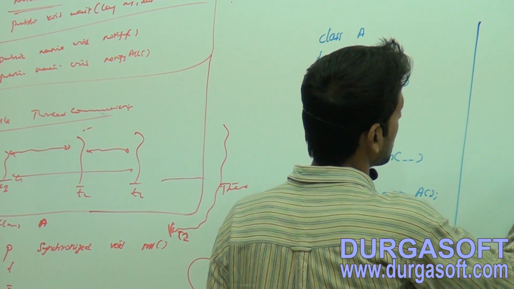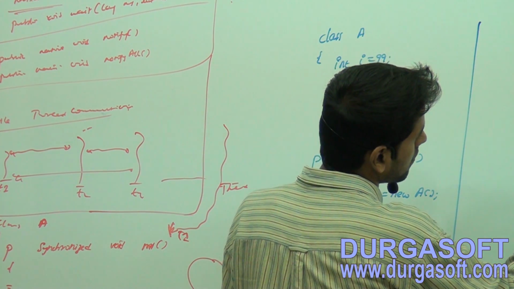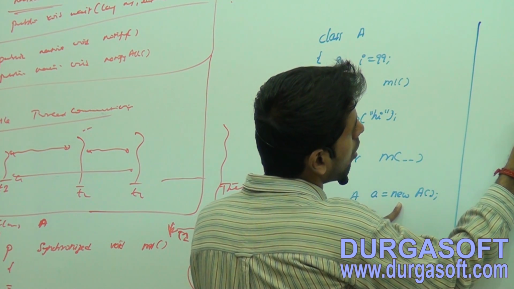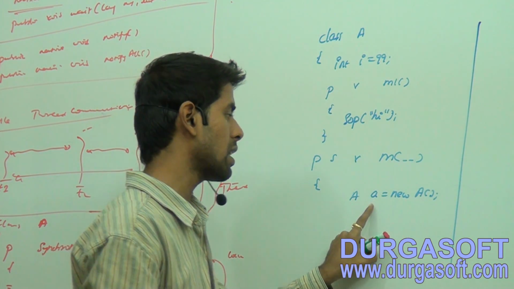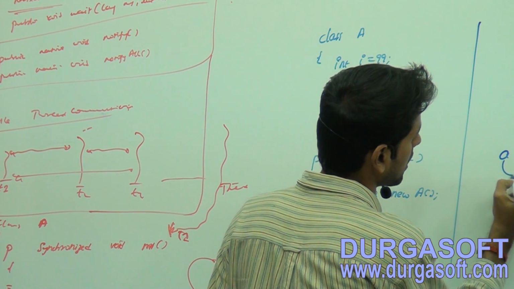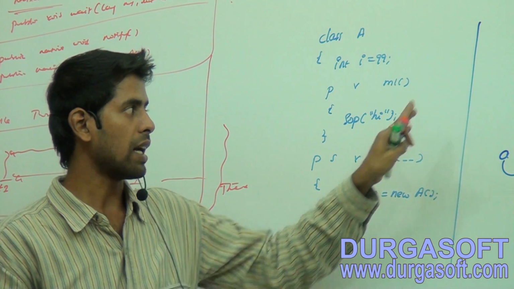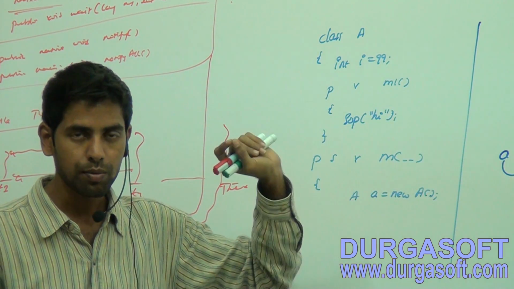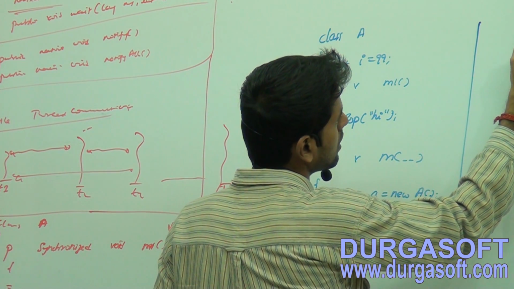There will be memory occupation because of the new operator and because of constructor execution. This i will be part of the object, right? Yes. And this reference a will refer to this object. Is there anything other than this to do at this memory?